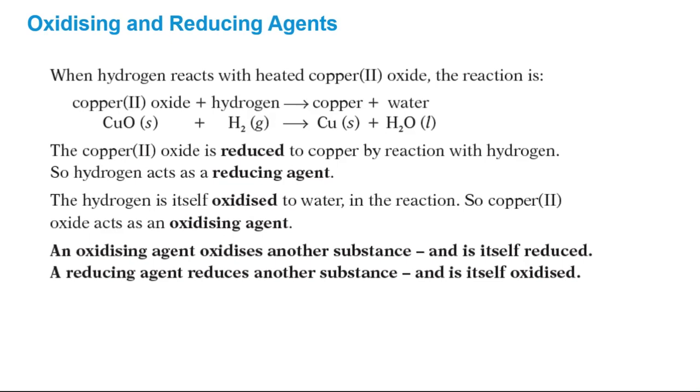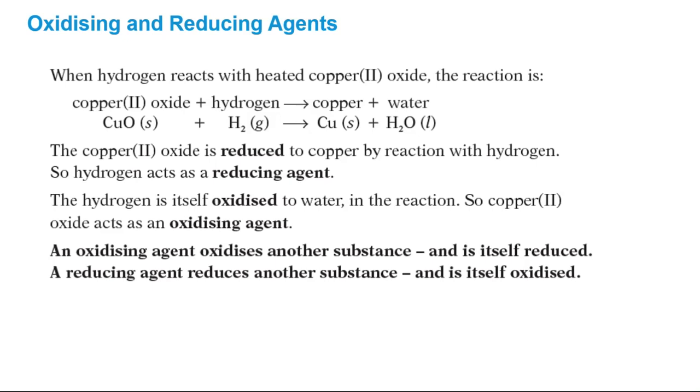Now look at this equation here. Which one is oxidized? Here hydrogen gained oxygen to form water. So hydrogen is oxidized, whereas copper oxide loses oxygen to form copper. So copper oxide is reduced. Copper oxide is reduced with the help of hydrogen. So hydrogen is a reducing agent.